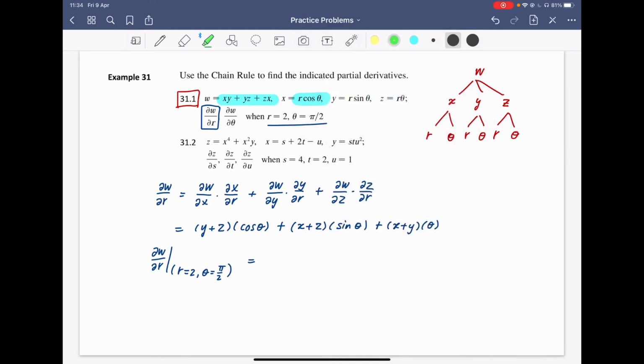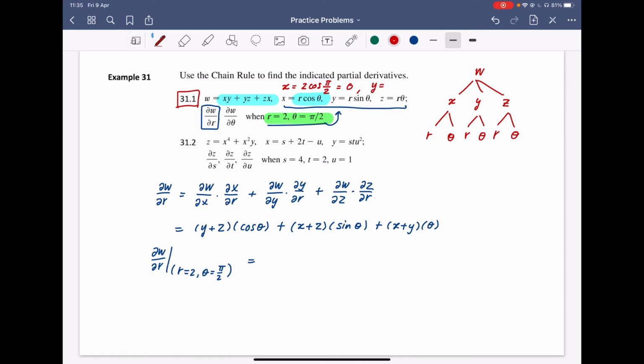I use my green highlight to show, this is r equal to 2 and theta equal to pi over 2, so I can plug back in to solve for x, y, and z. So x is going to be 2 times cosine pi over 2. That makes sense? Cosine pi over 2 is 0. So actually x is equal to 0.